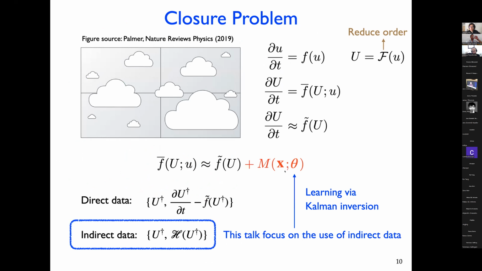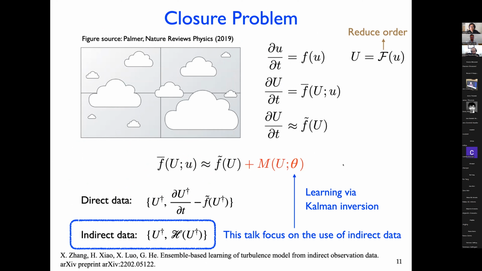It can also be generalized to a function of the state variable, capital U. For those interested in this kind of generalization, there is a very recent paper from my colleague Jinlong Zhang and my previous PhD advisor, Han Xiao.